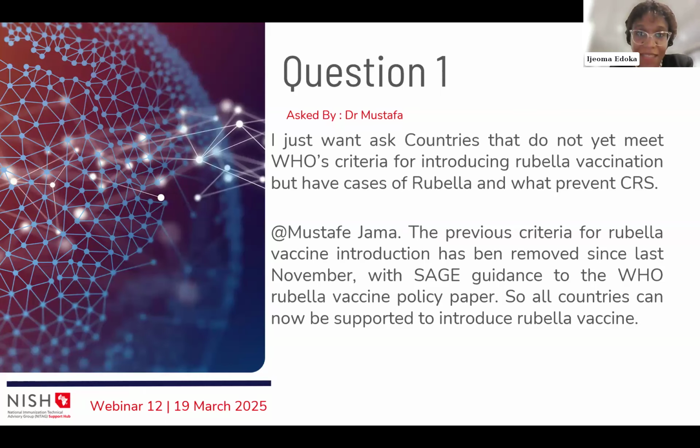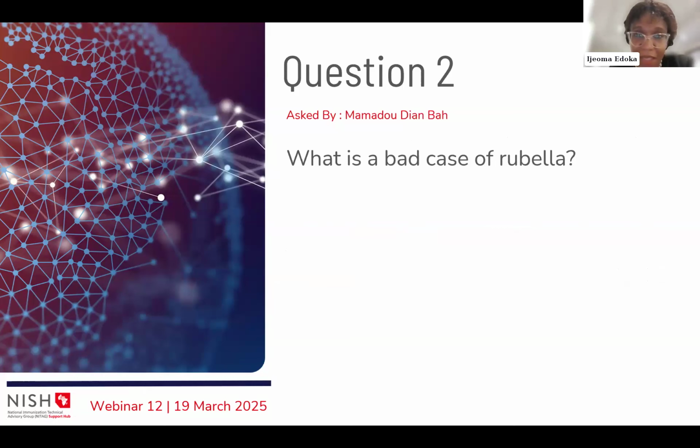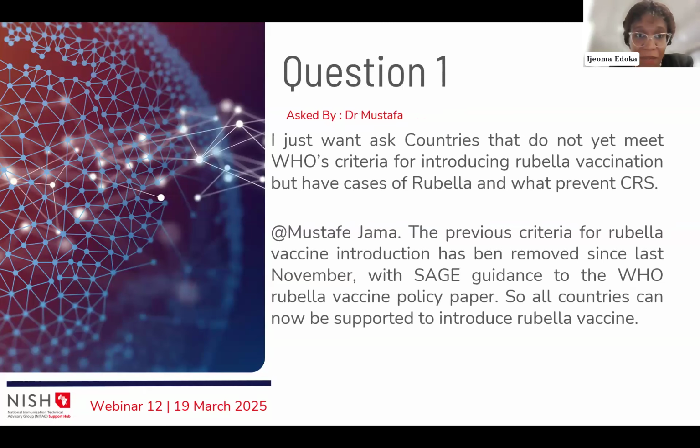I think that has already been answered, unless there's something else you want to add, Amy or Matthew or Balcha, due to the modeling work that has been done. The new recommendation is to implement rubella vaccine.